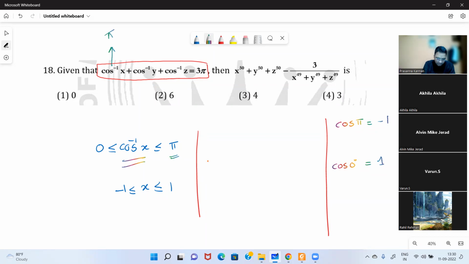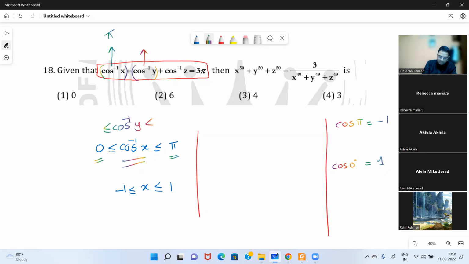What is the maximum value cos inverse x can take? Pi, correct or not? Minimum value is 0. Maximum value is pi. What is the minimum value cos inverse y can take? 0, right? What is the maximum value cos inverse y can take? Cos inverse y is an angle.